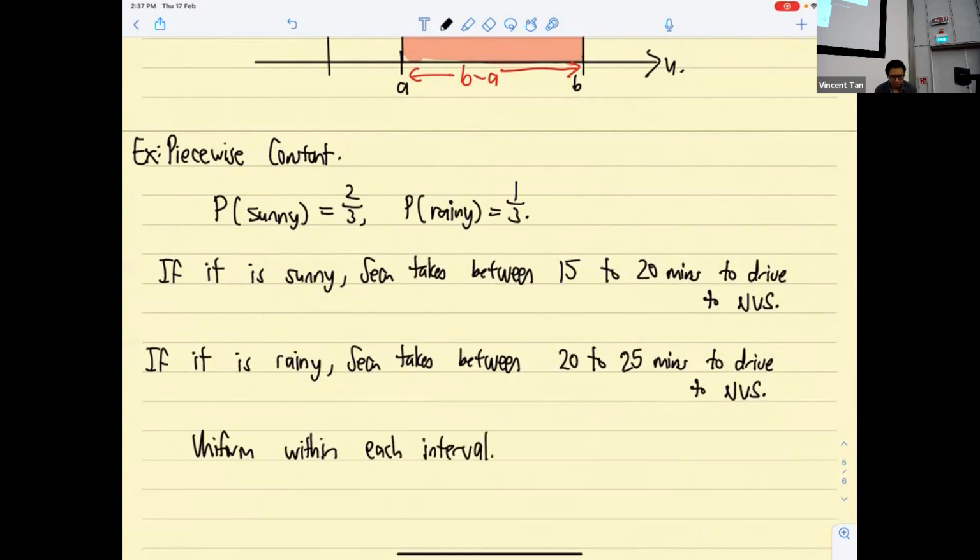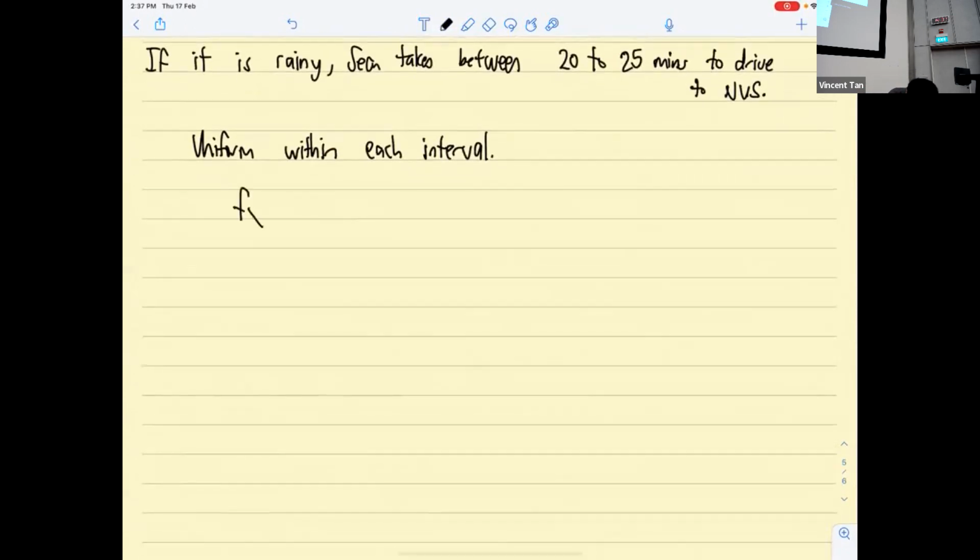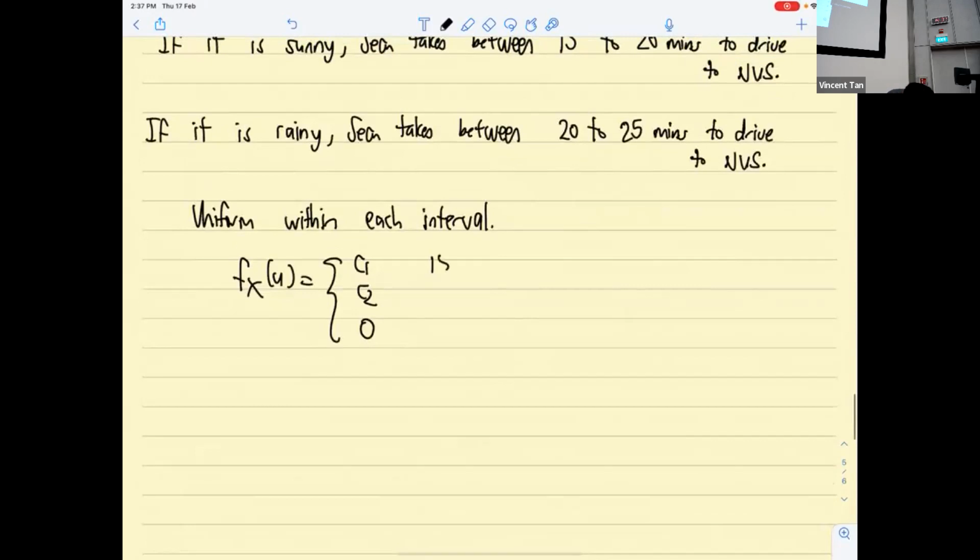Okay, so what does the probability density function look like? Okay, so we have fX(u) that is equal to constant 0 otherwise, c1 when u is between 15 and 20, and c2 when u is between 20 and 25. So the way to read these things is the following. You have this particular function.